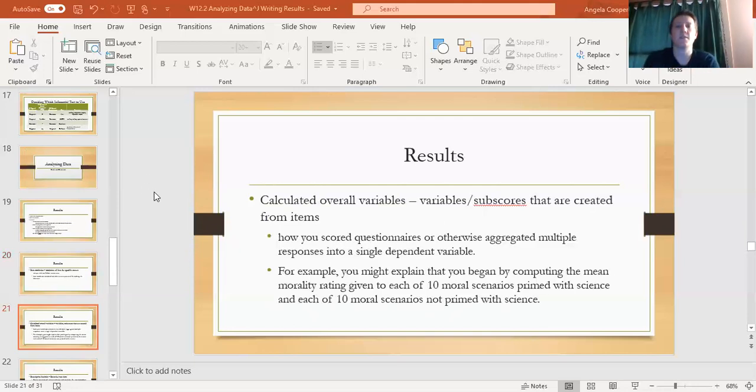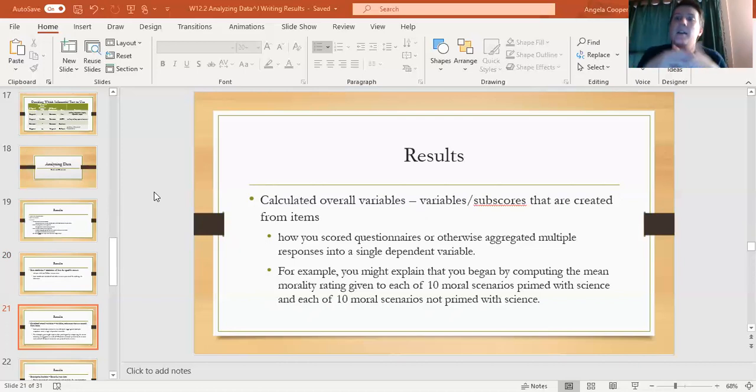So again, you need to calculate your overall variables. So this is the means and standard deviations for them. But before you do that, you kind of need to state how you got there. So how did you score this questionnaire? 1 was strongly agree, 5 was strongly disagree, or vice versa. How did you pull them all together? So we had 10 questions measuring our dependent variable, and now I'm going to talk to you about the means and standard deviations for each condition.